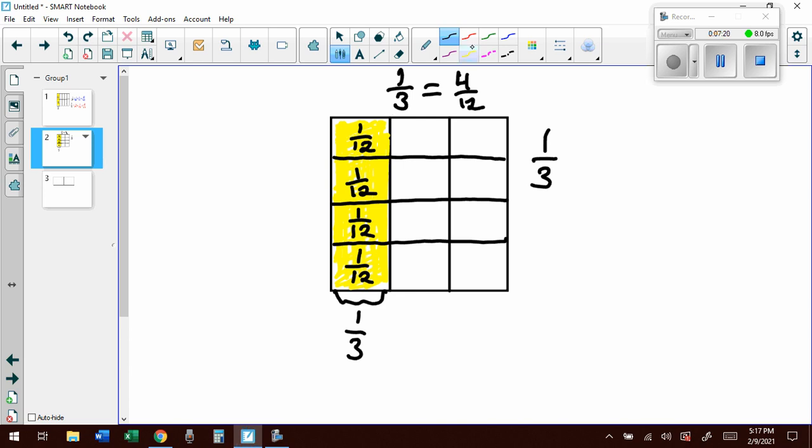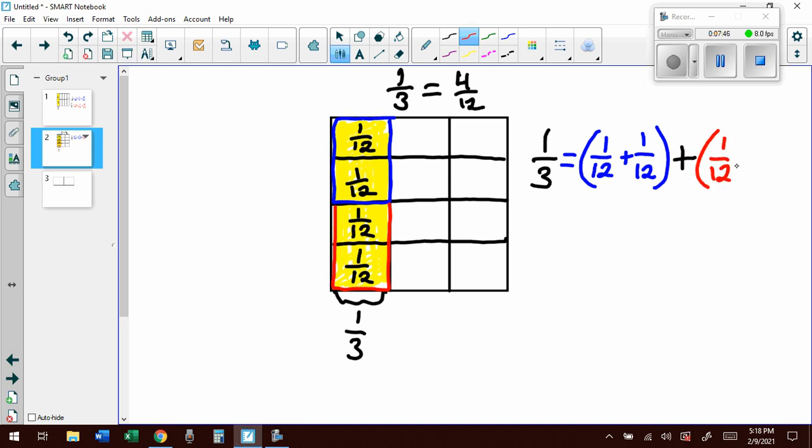We have one-third equals 1/12 plus 1/12 plus 1/12 plus 1/12.